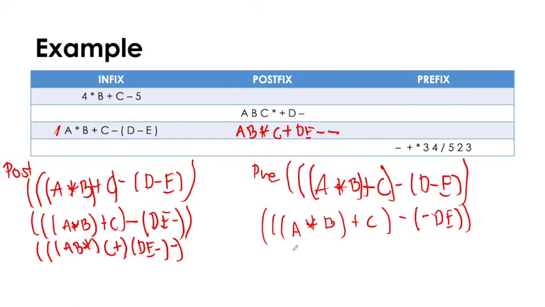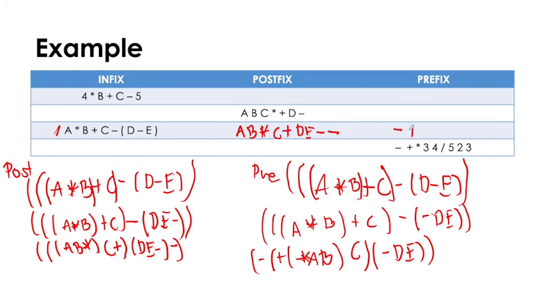And then let's solve the remaining. There we go. So our final answer will be minus plus times A B C minus D E. So here we go.